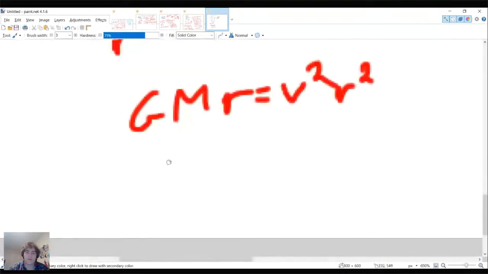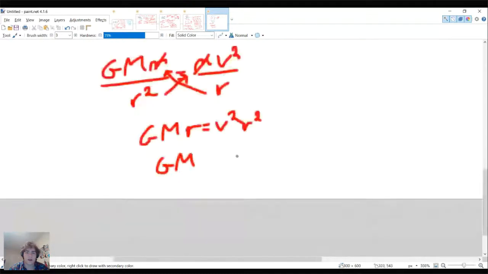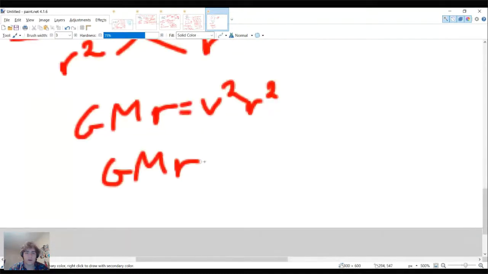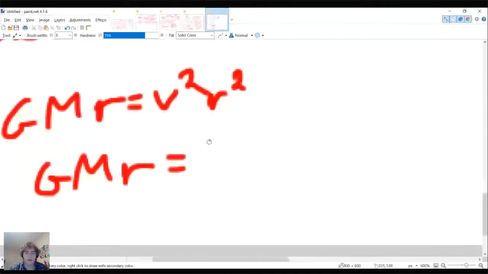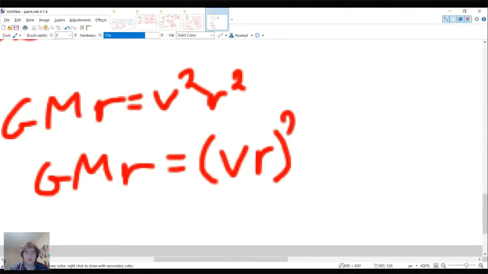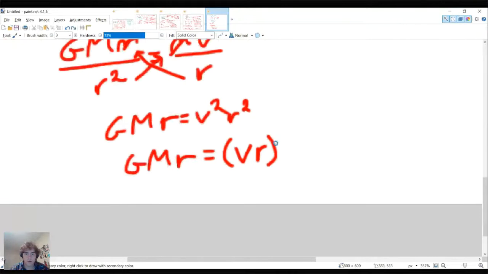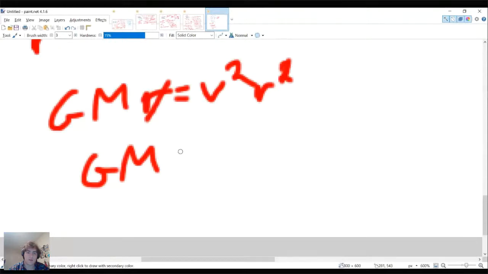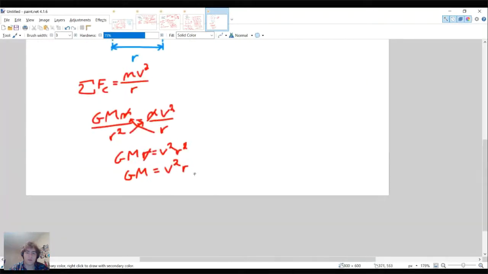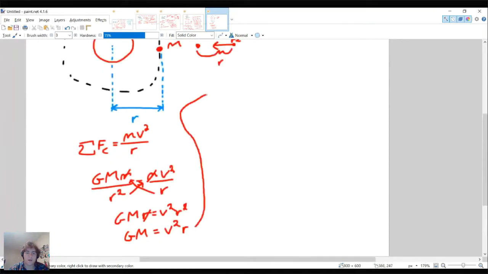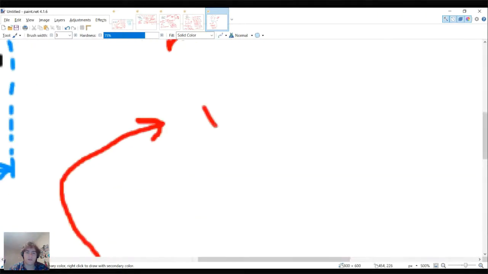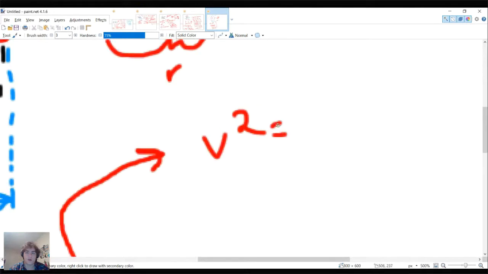One r cancels on both sides, and now we have GM is equal to v squared times r, or v squared is equal to GM over r.